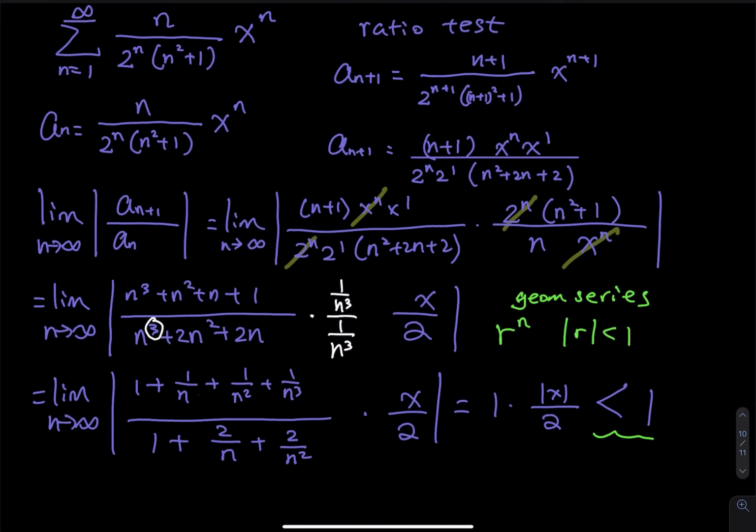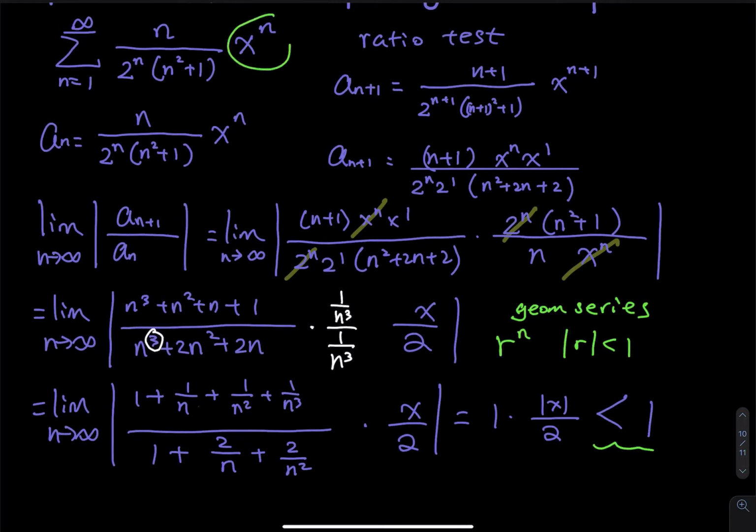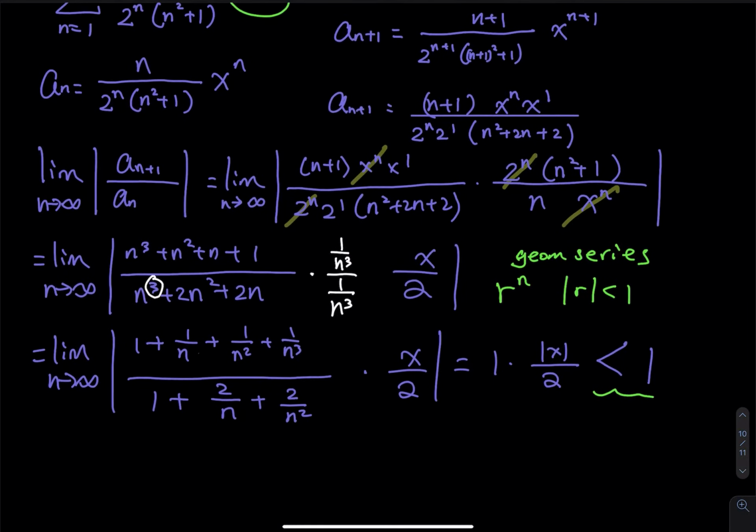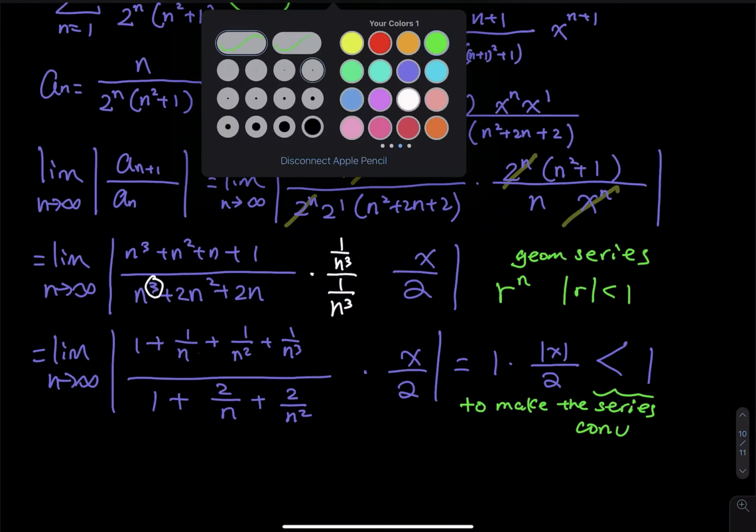So in this power series, do you see that there is an x to the n? If you look at the green circle itself, that is actually a geometric series, and the base, which is the common ratio, is x. So that's why we must take the absolute value of x less than 1 in order to make the series convergent, and then you have to solve this inequality.